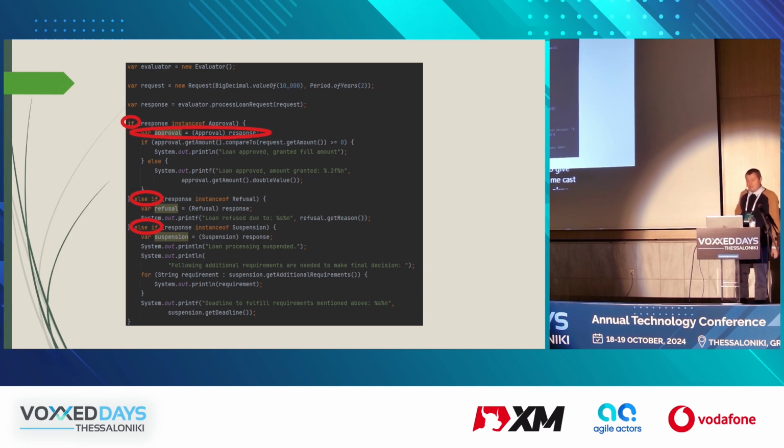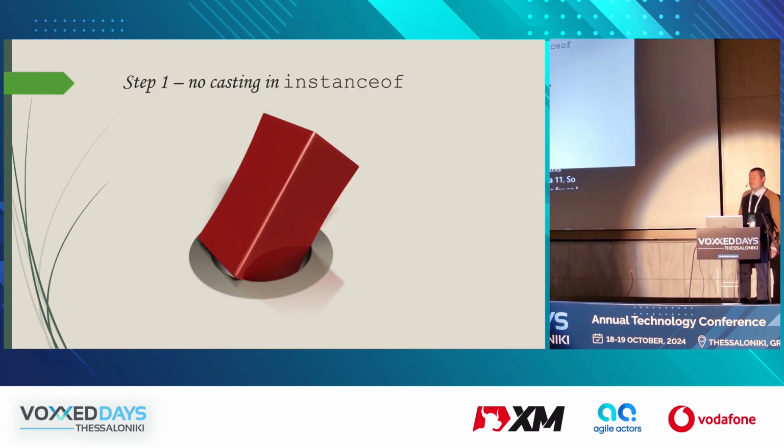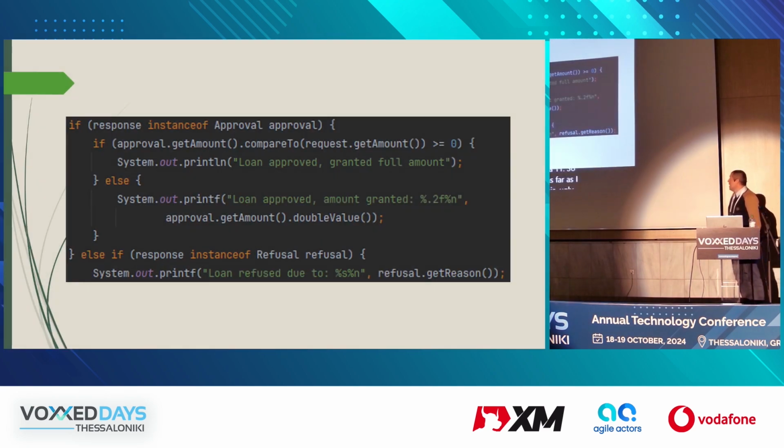So let's try to improve this code a little bit. This code on this slide is exactly the Java 11 version. So let's move a little to Java 13, as far as I know, and get rid of this ugly casting. Now it looks definitely better, because in such situations we can drop the casting and do it immediately in the instanceof.